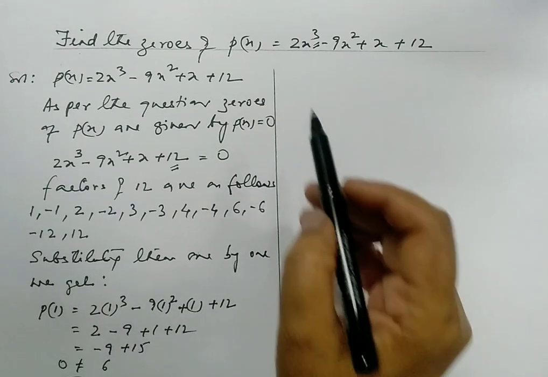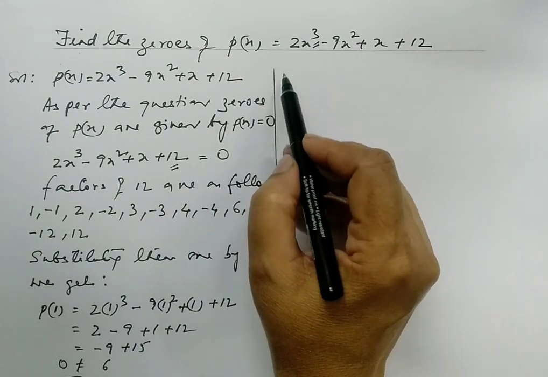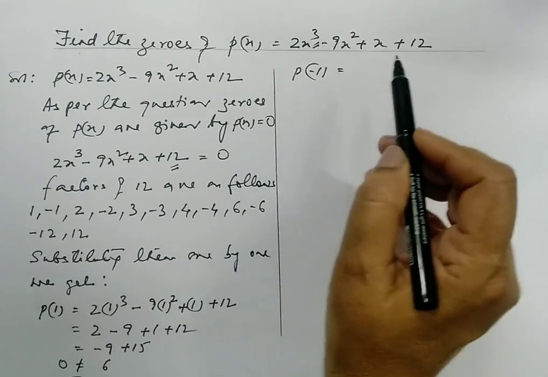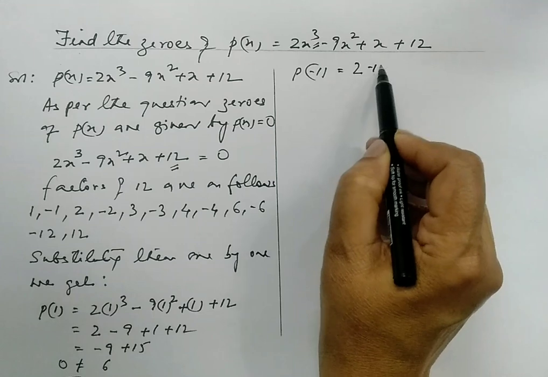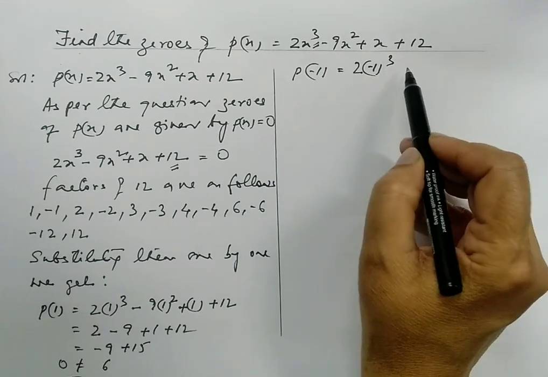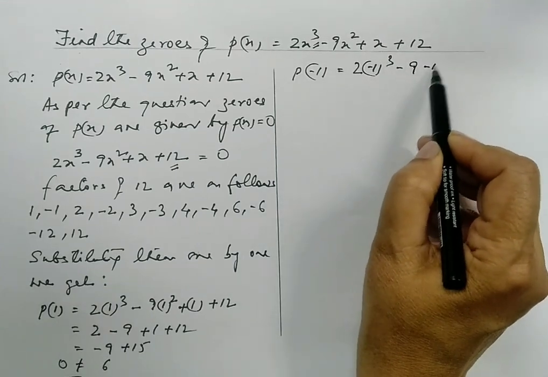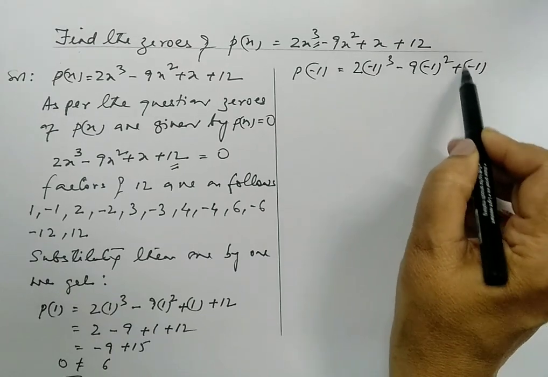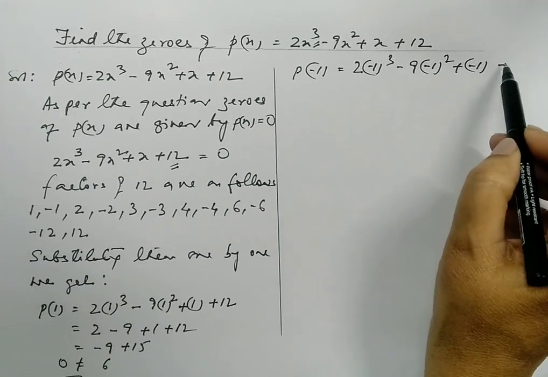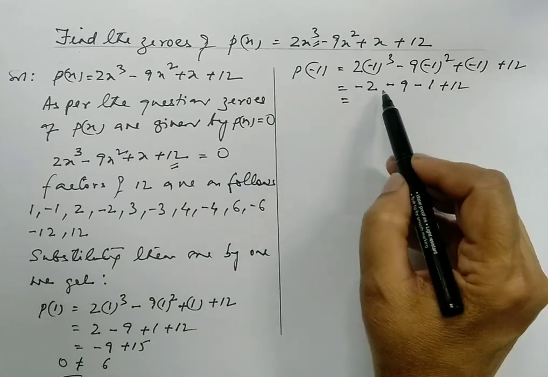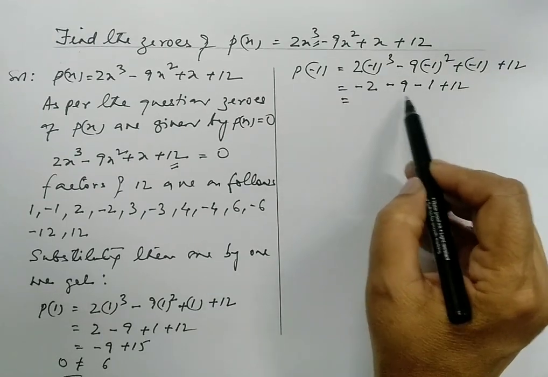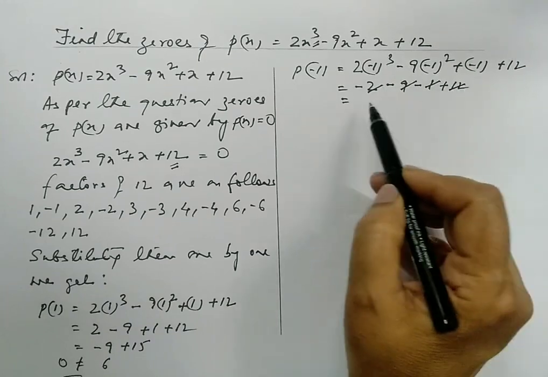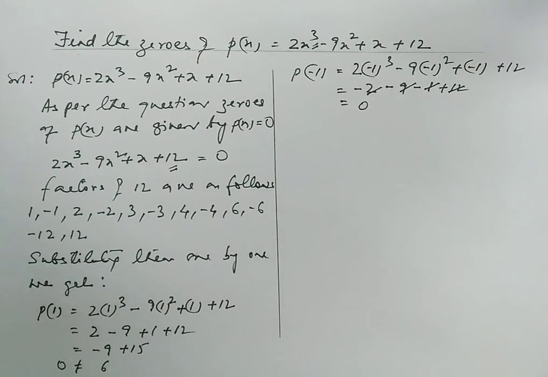Next, we substitute x with minus 1. We get 2 into minus 1 cube, minus 9 into minus 1 square, plus minus 1, plus 12 equal to what? 2, 3 and 9 is equal to 12, so all of it gets cancelled. So we get a 0.